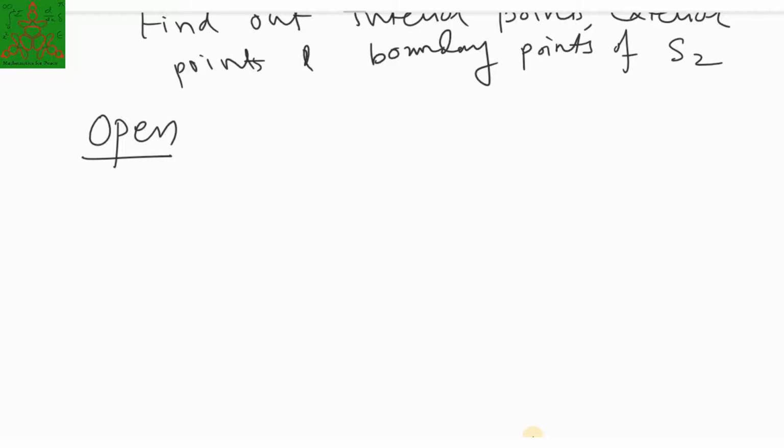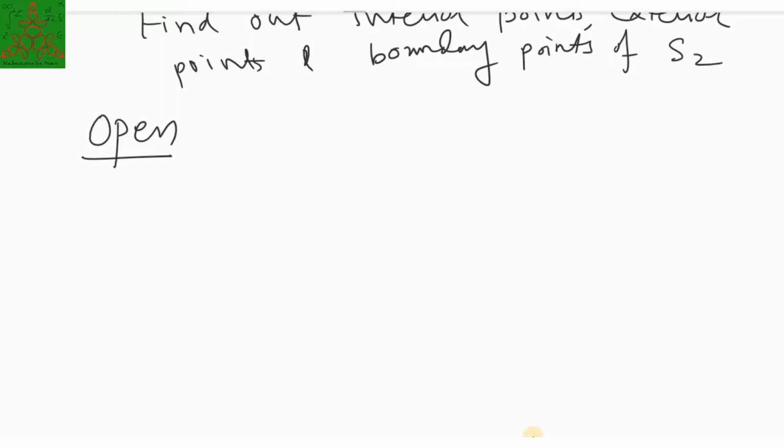That is one concept in some books, which say that a set is open if and only if it does not contain its boundary points. In some books, such as your textbook, Brown and Churchill, the open set is defined in this manner: the set S is open if every point of the set S is an interior point.